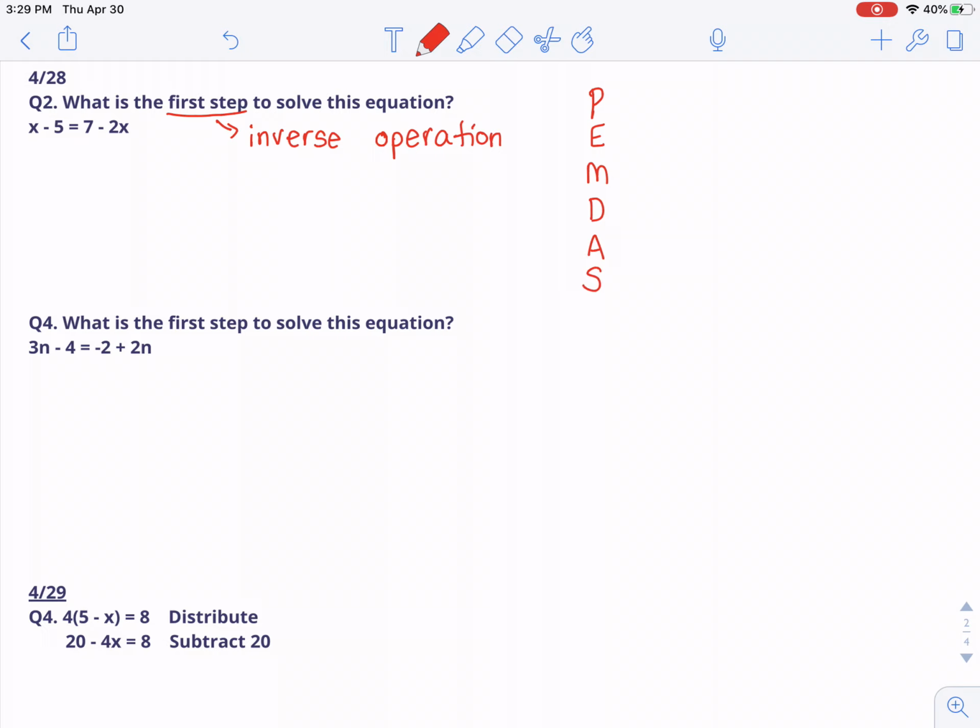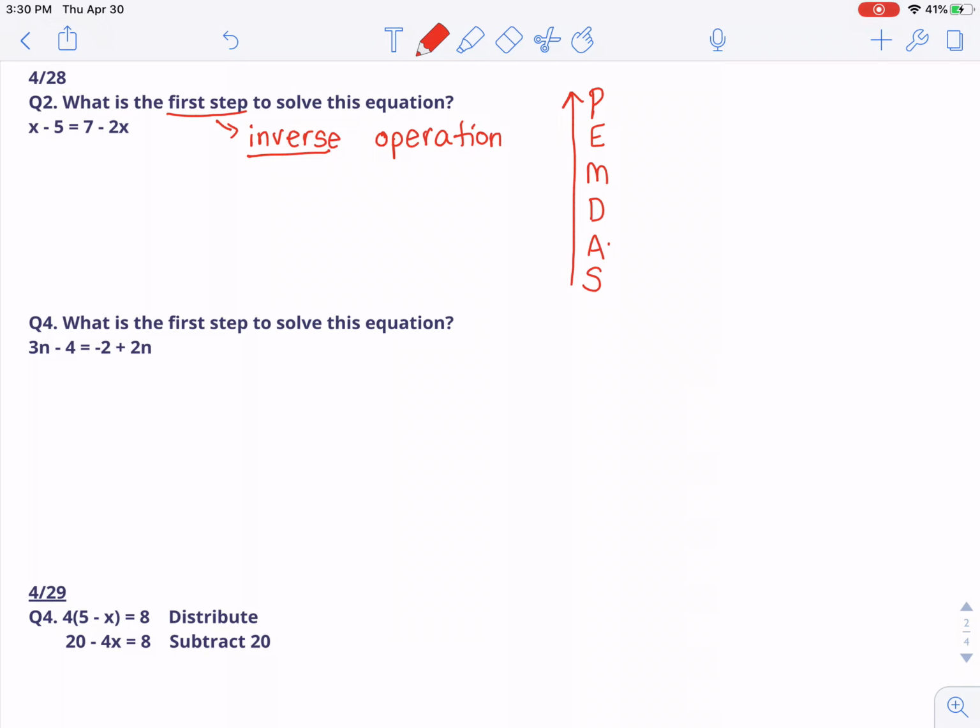Now, this doesn't always tell us all the little details, but it will tell us the main ideas. So usually I solve down, starting with parentheses and then exponents, multiply, divide, add, subtract. However, inverse means the opposite. So we're actually going to figure out ways to go from adding and subtracting to multiplying and dividing, and then deal with these if there are any, but in this case there are not.